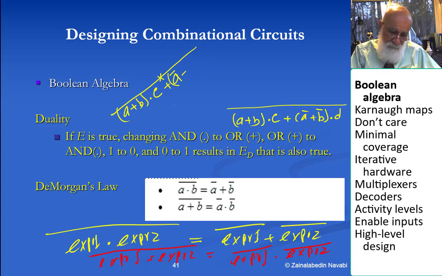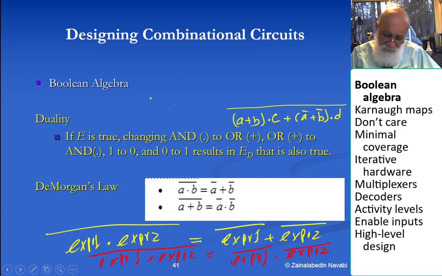Let's see. First I have A or B ORed together. The result is ANDed with C. These two are ANDed together. The result is ANDed with D. And then these two are ORed together.